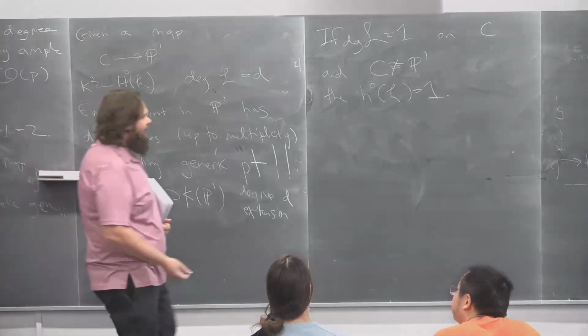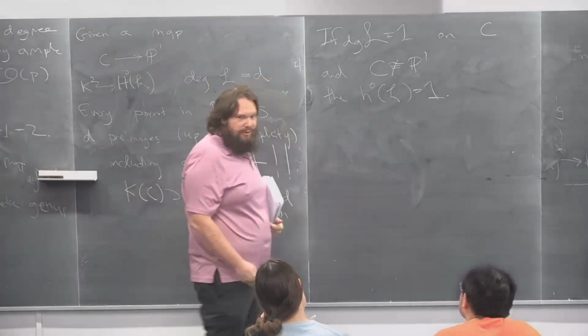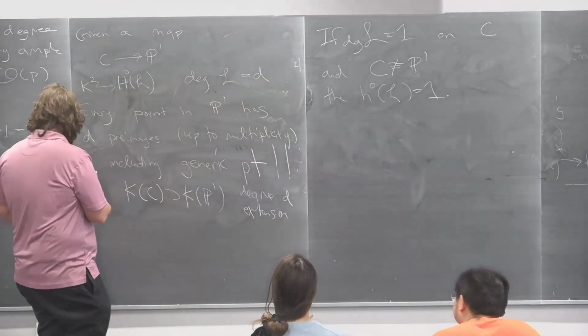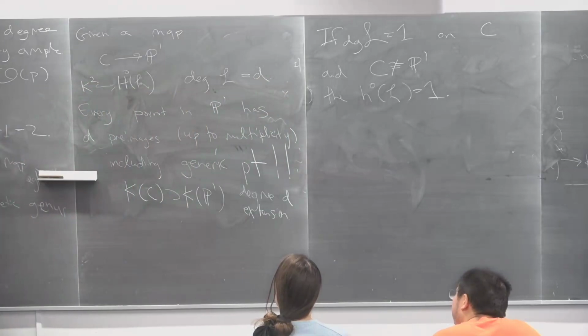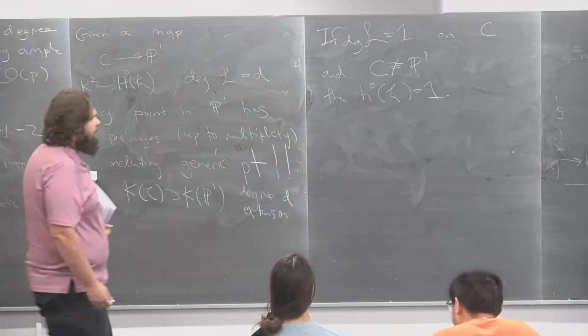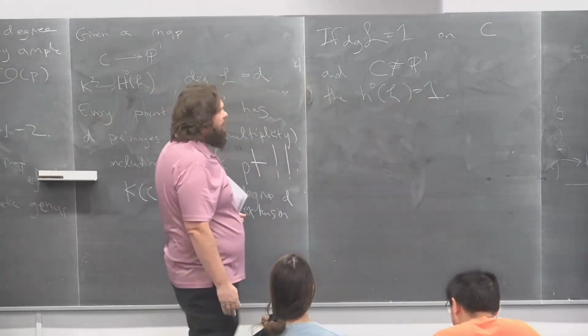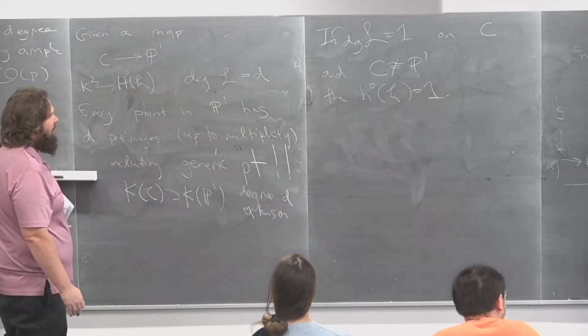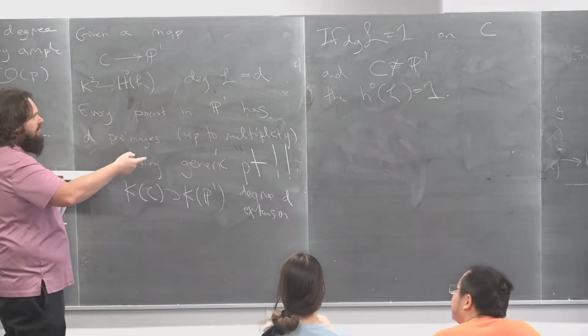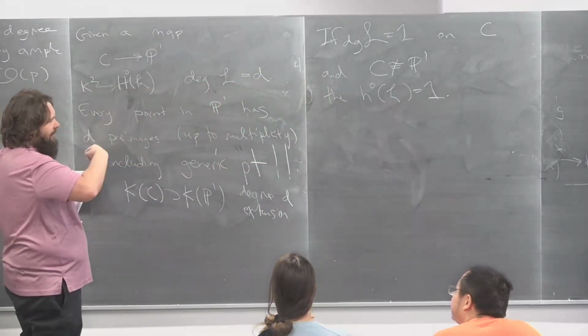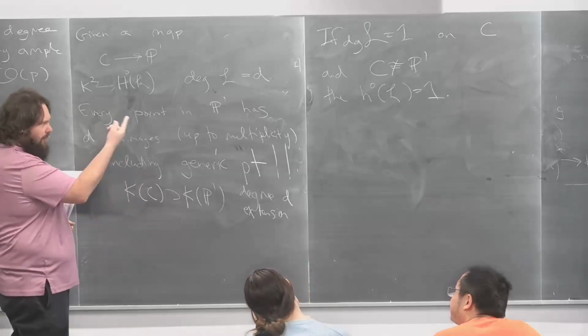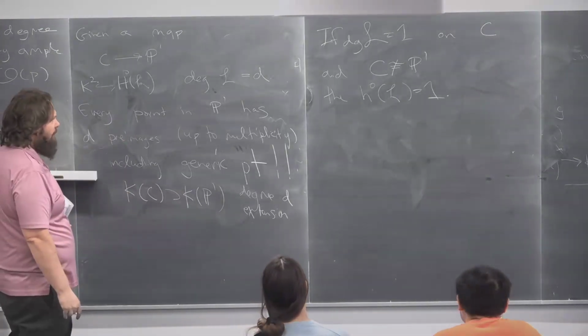The reason is that if I had 2 sections, I would get a map to P1 of degree 1, and so it would have to be an isomorphism. You can also see this from Serre duality: you have to lose an element of H1, so you can't be gaining an element of H0.